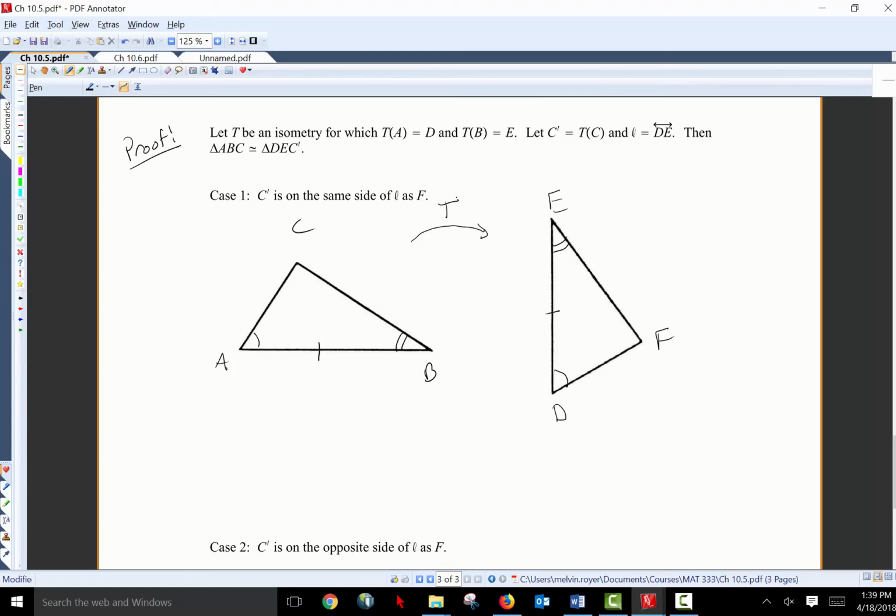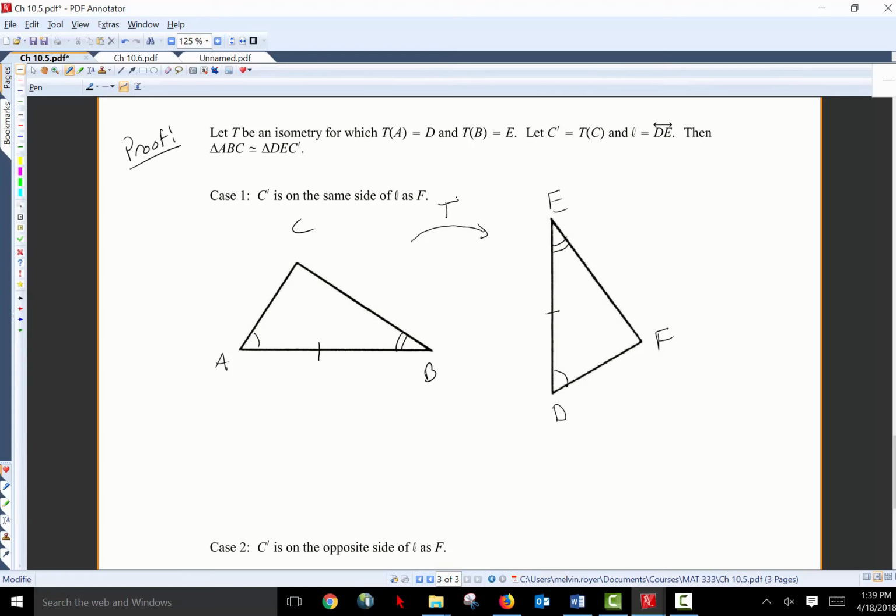What I can say is I can find a transformation that punches A to D and punches B to E, and then I don't know where C goes. We want to show that it actually can go to F, but we don't know that yet. So let's call C prime wherever C goes.